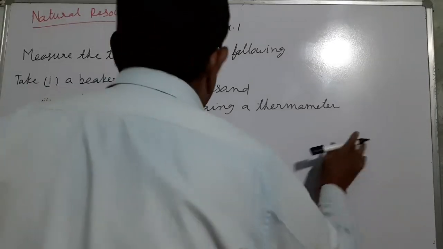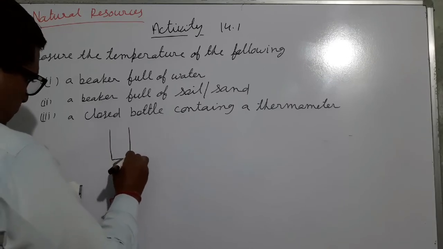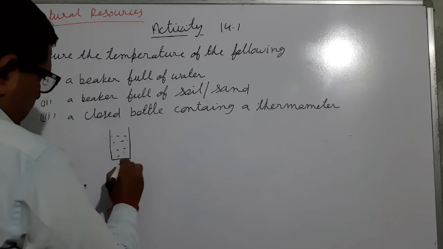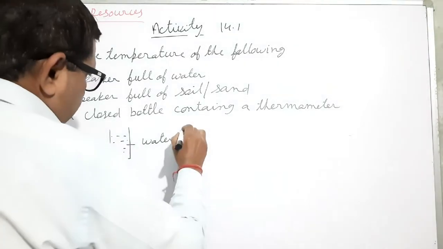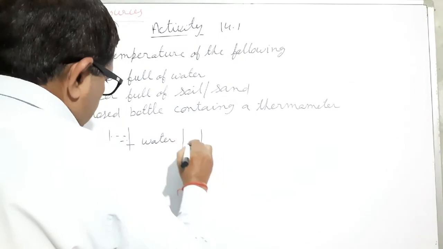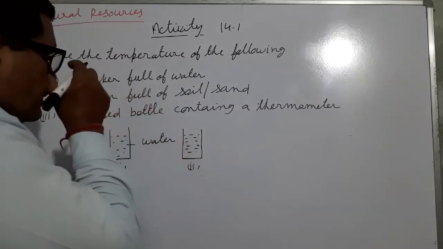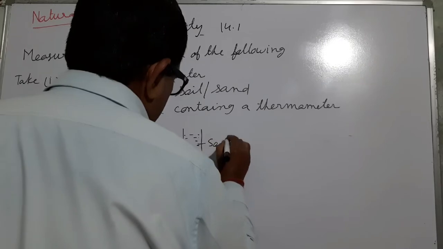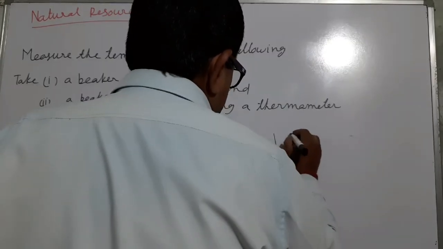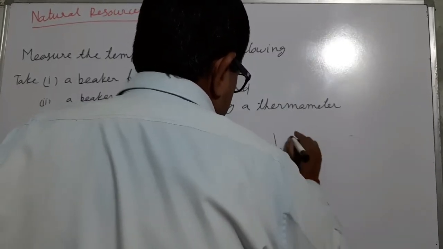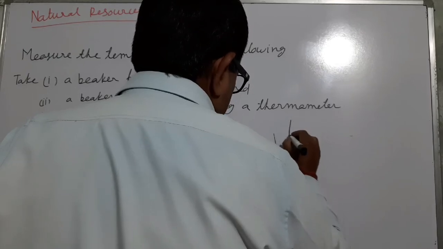So we have to take one beaker that contains water first, and the second beaker has soil, and third, it is a closed container containing one thermometer.